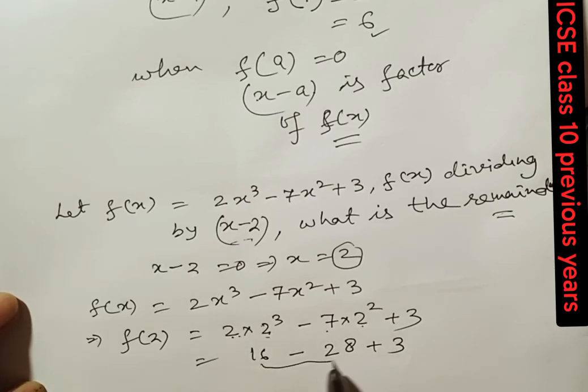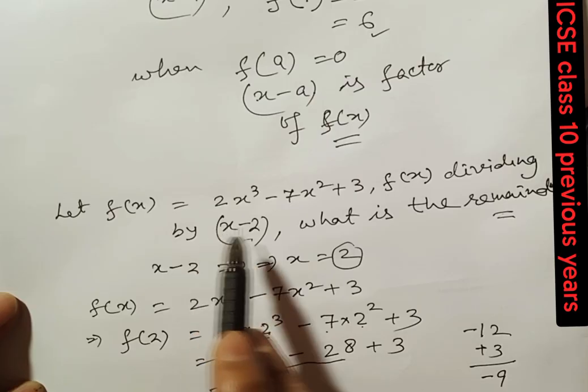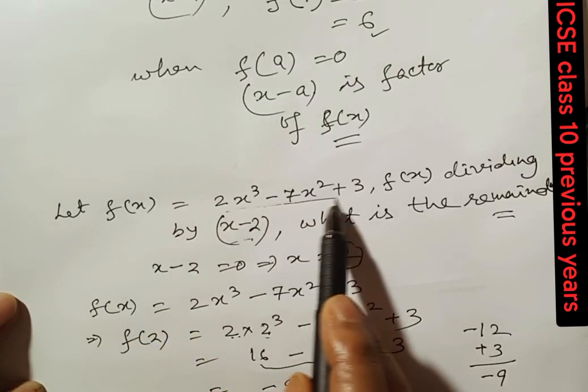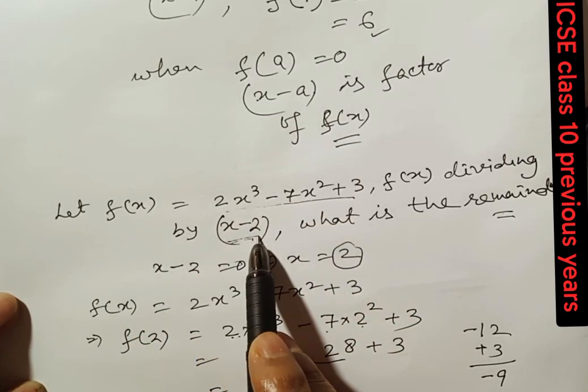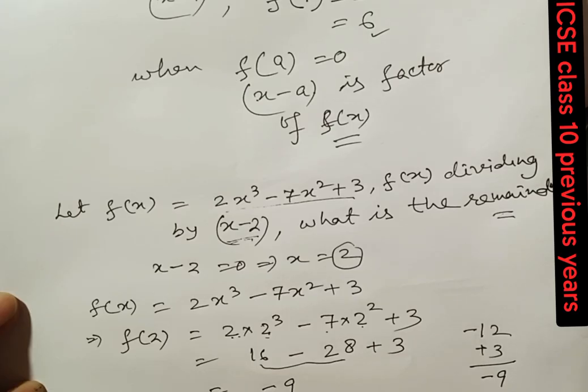This will be 16 minus 28, which is minus 12, plus 3, which is minus 9. So when we divide the polynomial f(x) by x minus 2, we get remainder minus 9.